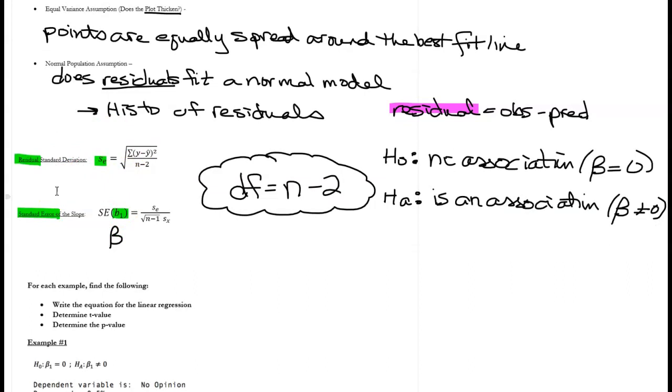You're going to get them from computer printouts or the calculator. To find degrees of freedom, it's n-2, because there are two variables, an x variable and a y variable. Your Ho and your Ha: there's no association between the variables, and then there is an association. This kind of Roman numeral capital B is for slope. So no association is 0. There is an association is not equal to 0. That's how most of them work.